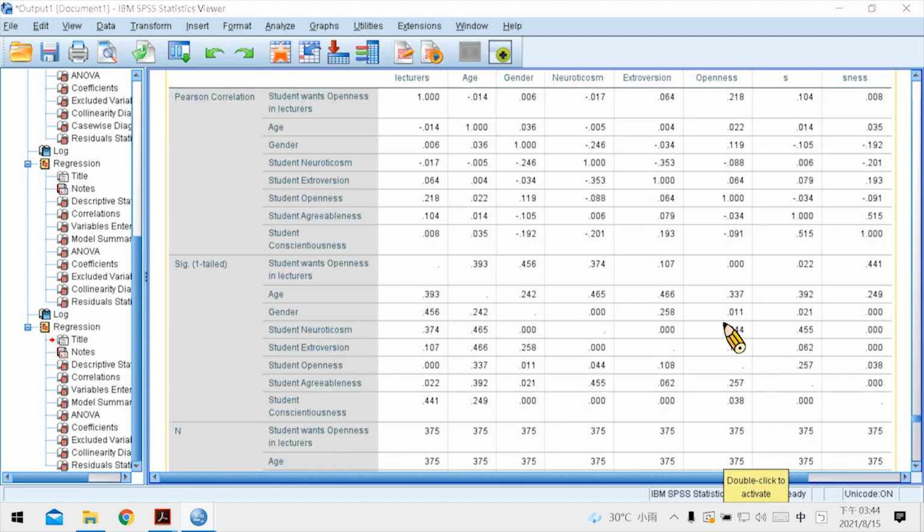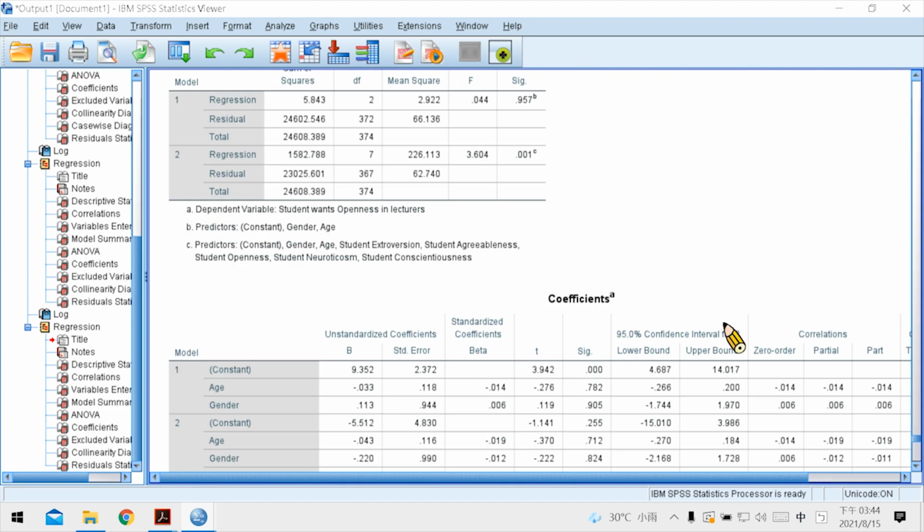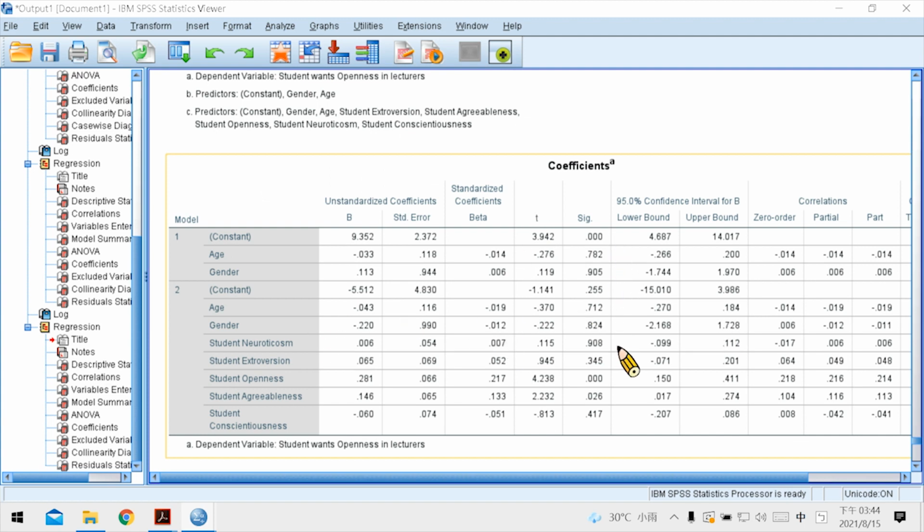So you can see the coefficient. So you see the student openness and the student agreeableness. This is significant. Student openness to experience. Okay.